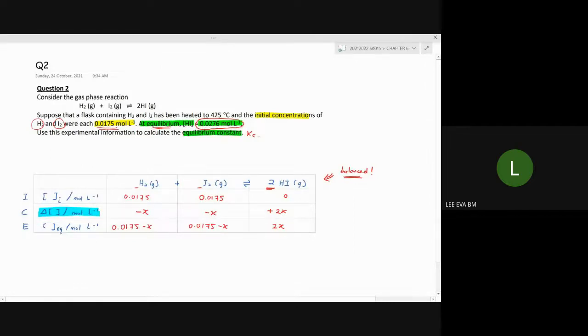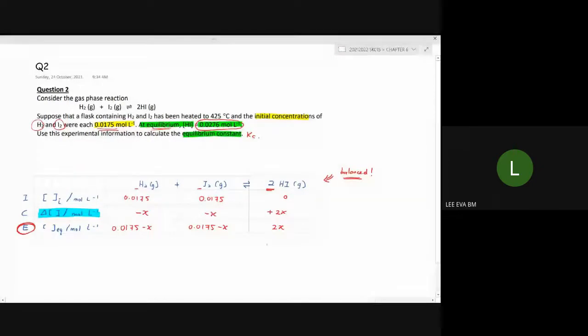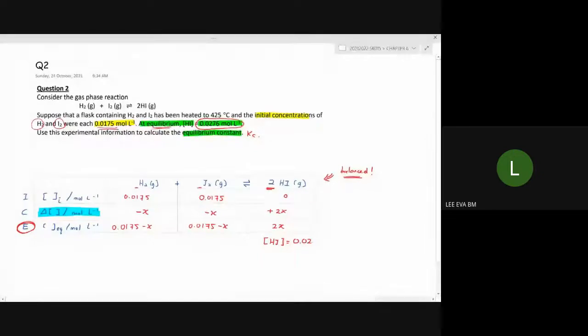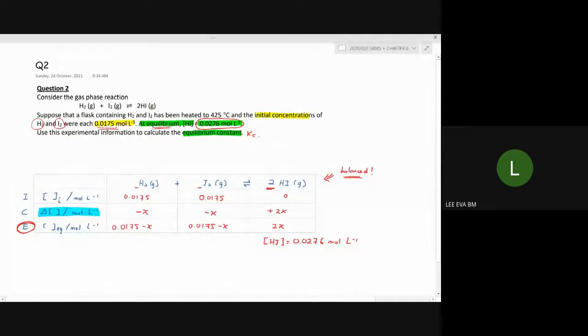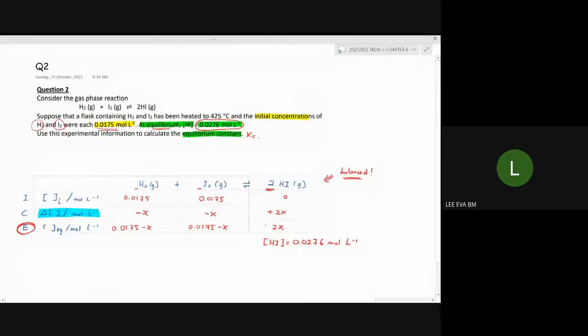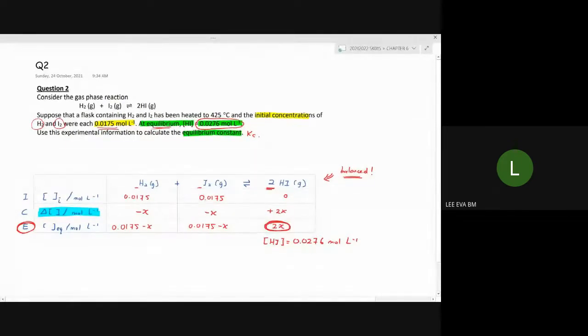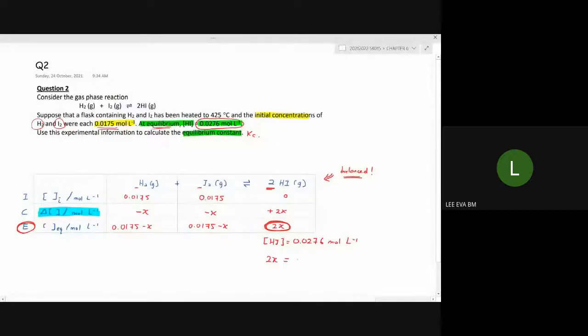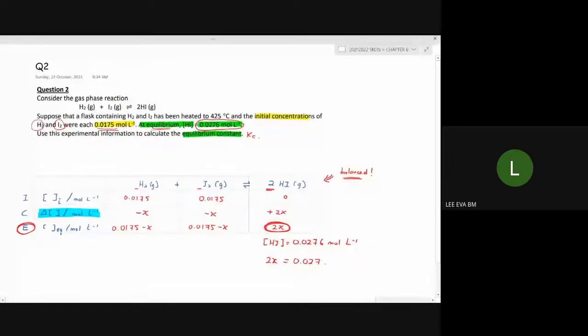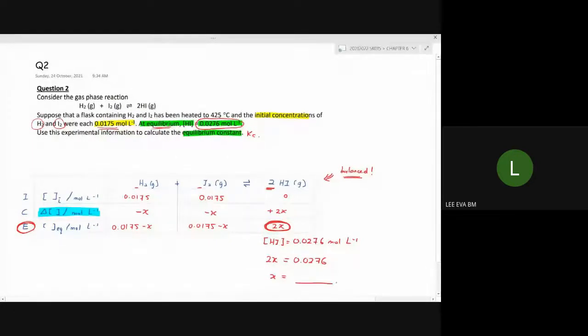So maksudnya dekat equilibrium, kita punya concentration HI sama dengan 0.0276 mol per liter, which also means 2X equals 0.0276. So we do some calculation: 2X equals this value, and then you will get the value for your X.